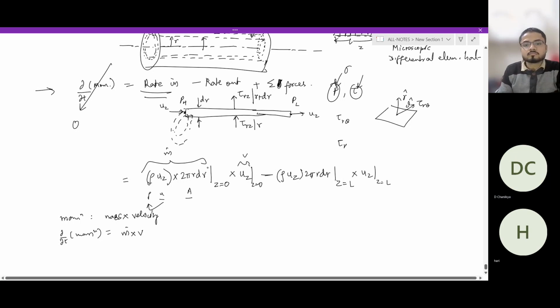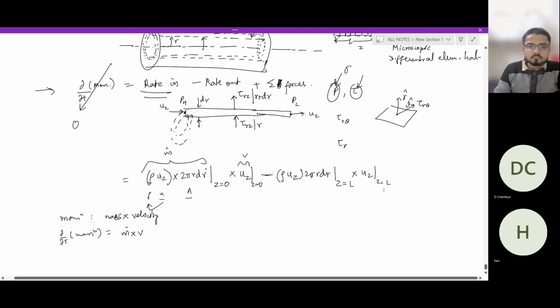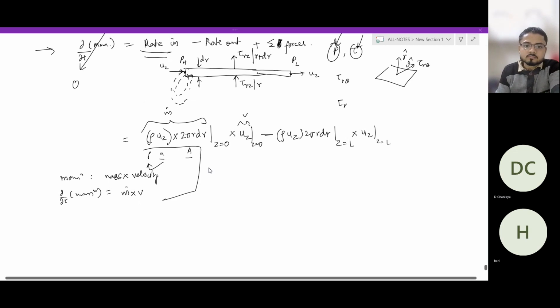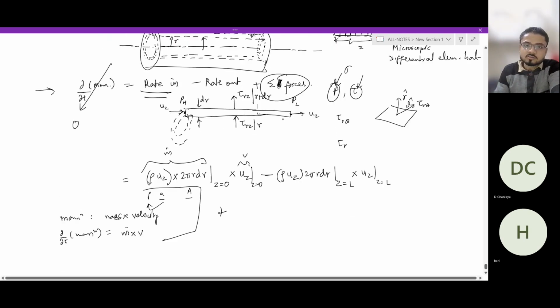That's z equals to L. Right? And now let's sum up the forces.